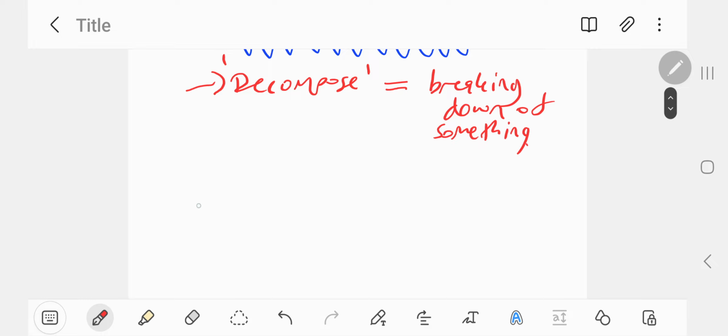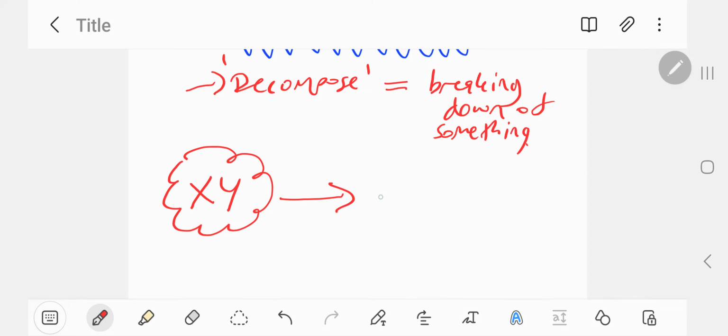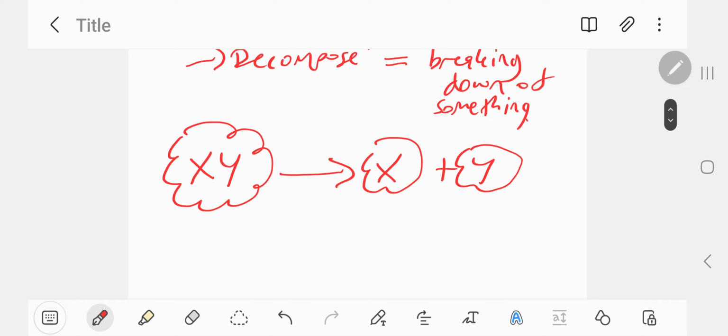Suppose I have a substance made of elements X and Y. When it decomposes, I'll get back X and Y. This is a result of the law of conservation of mass, discovered by the French chemist Antoine Lavoisier in 1789.